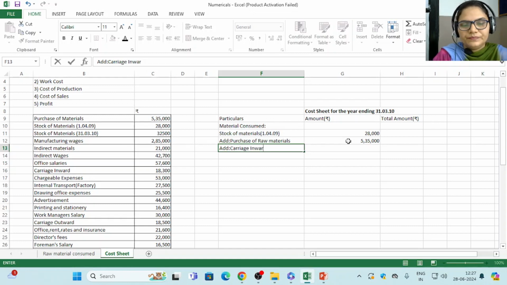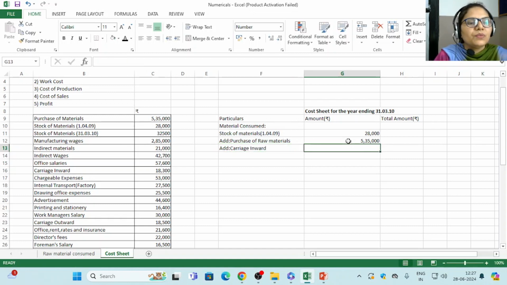The carriage inward value given here is rupees 18,300. It was just typed by mistake as 60, but no problem. It is 18,300.